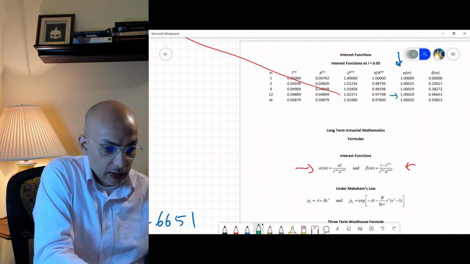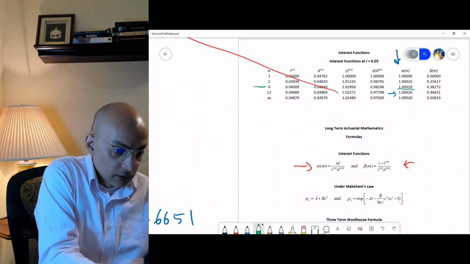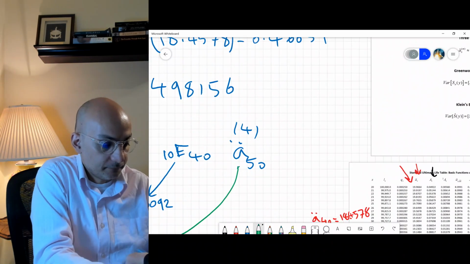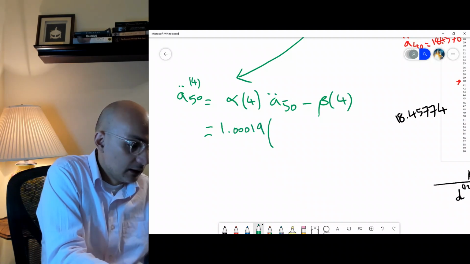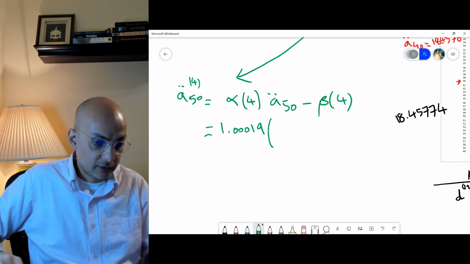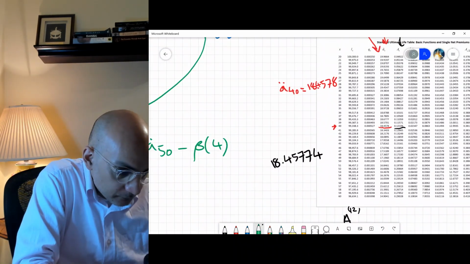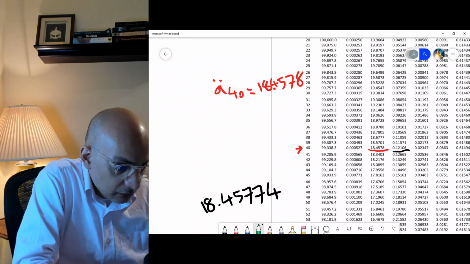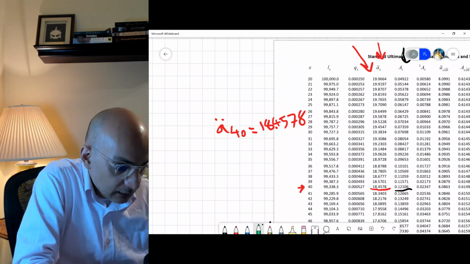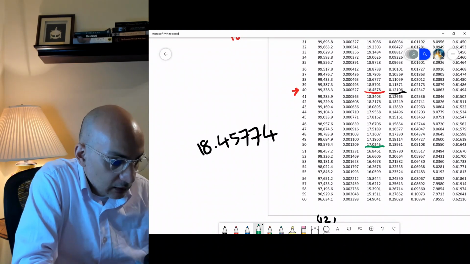And alpha 4, now we are here, 4, 10019 A50. You look at your table. A50, we need to look at A and 50, 17.0245.